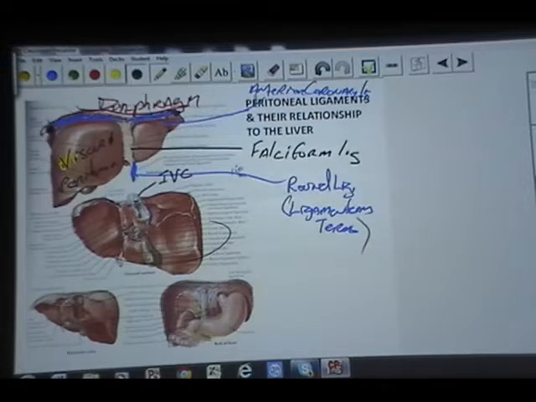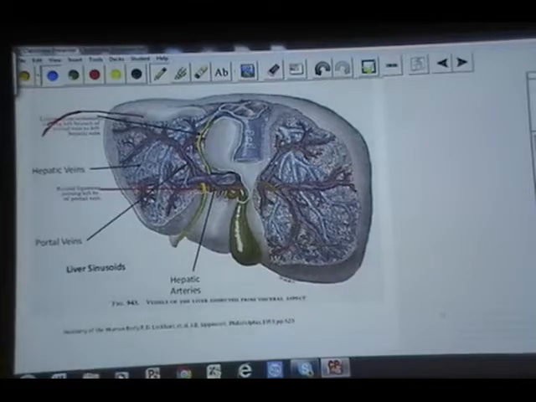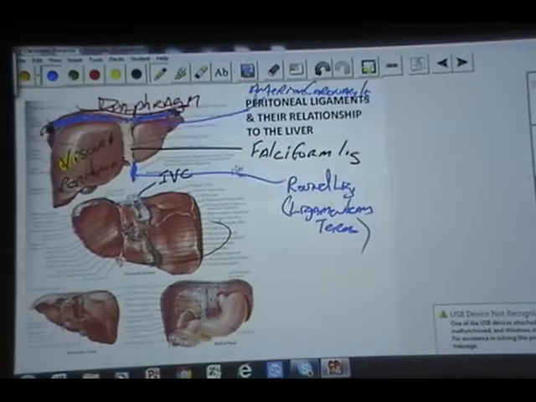Here are the anterior coronary ligaments. Here's the anterior coronary, and here's the anterior coronary. This is the right, this is the left.